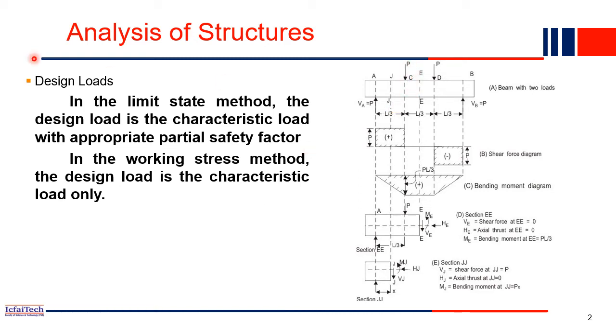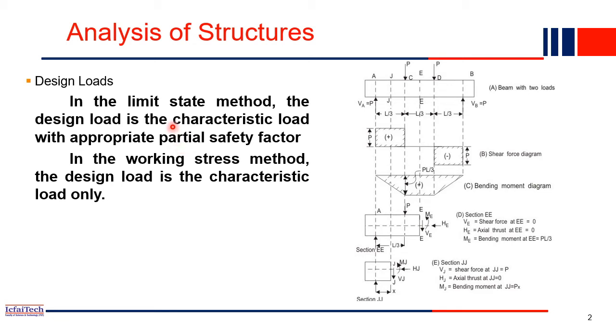So these loads we call design loads. What is design load? In the limit state method, the design load is the characteristic load with appropriate partial safety factor. And in the working stress method, the design load is the characteristic load only. If you recall, in the last lecture we discussed there are three to four different philosophies of design.